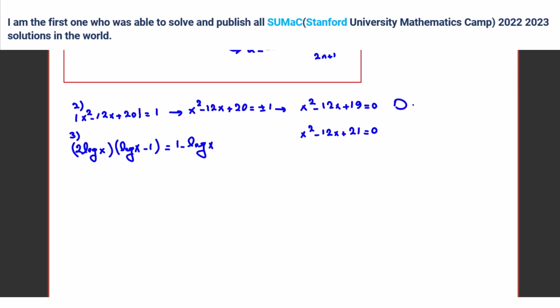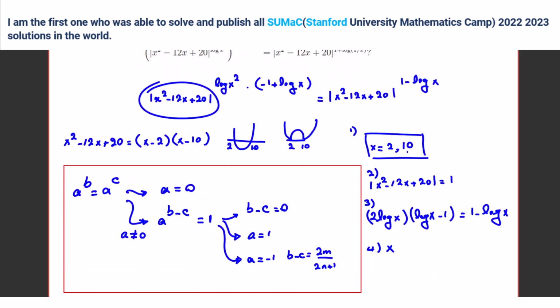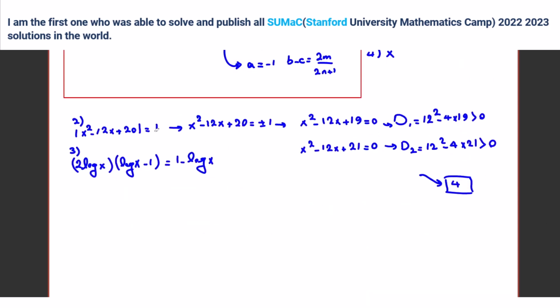The discriminant here is 12 squared minus 4 times 19, positive. And for the other, 12 squared minus 4 times 21. And these are 4 answers, different from the previous ones because here this one's 0. In this case, it is not 0, plus minus 1, right? So 6 answers so far.